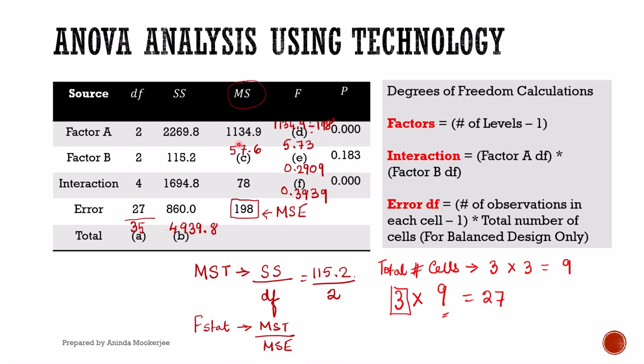That tells us that factor B does not have an effect on the response variable. However, based on the p-value of factor A, it does have an effect on the response variable. And this one, 0.000, tells us that there is an interaction between factor A and factor B, right?